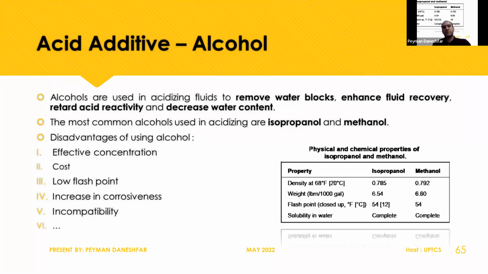Another additive that we use in acidizing is alcohol. Alcohol prevents water blocking, enhances fluid recovery, retards acid reaction, and decreases the water content. The two famous alcohols that we use in acidizing are methanol and isopropanol.